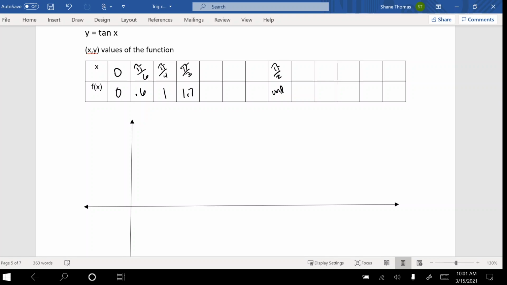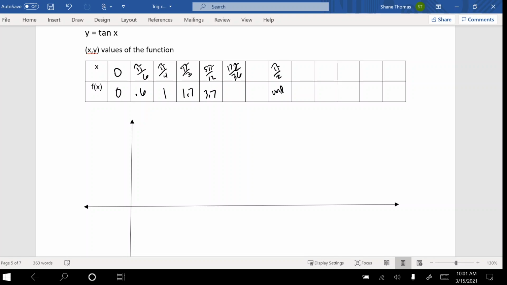So I'm going to pull in some funky numbers here just to show you what happens. As I get closer to pi over 2, let's go with 5 pi over 12. Okay, 6 pi over 12 would be pi over 2. So 5 pi over 12 is actually 3.7. Oh, I'm getting really close now. We could go over 24. Let's go to 36. So let's go 17 pi over 36.